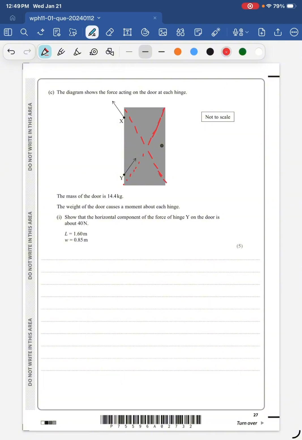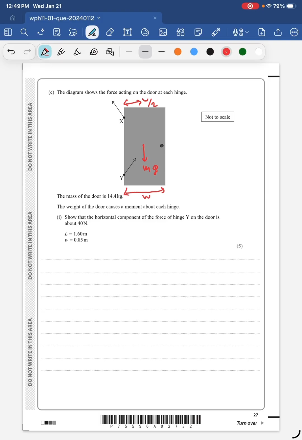So it's somewhere there. Let me use a red. So that's the weight. So m times g is acting from the center of gravity. Okay, and this is w. So the weight is acting at a distance of w over 2, right?